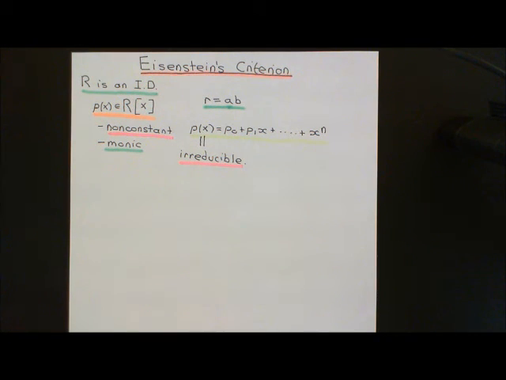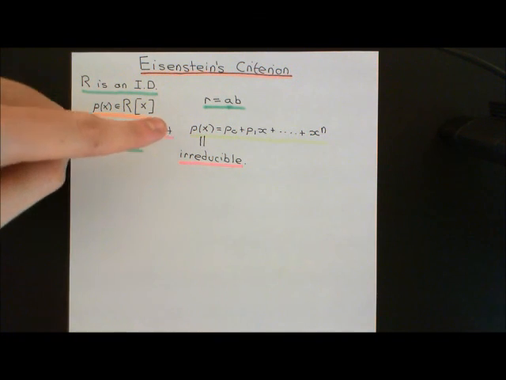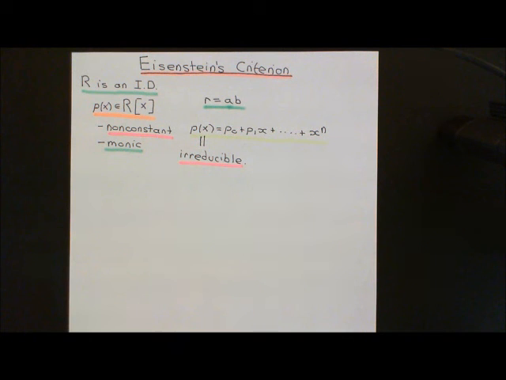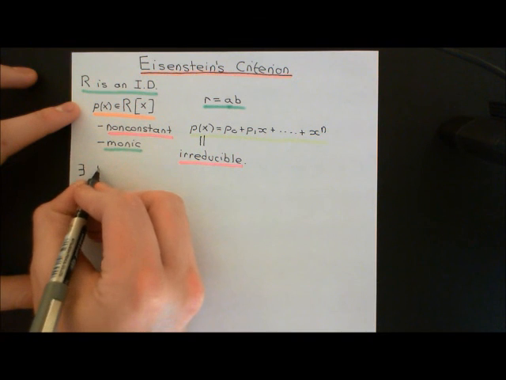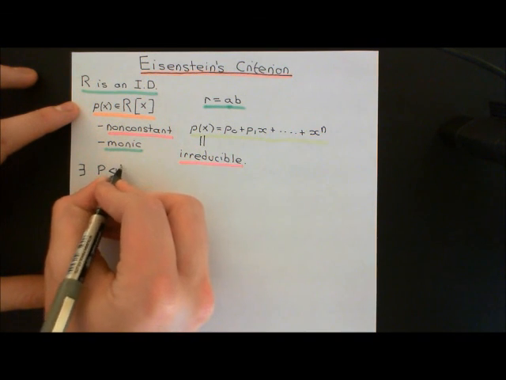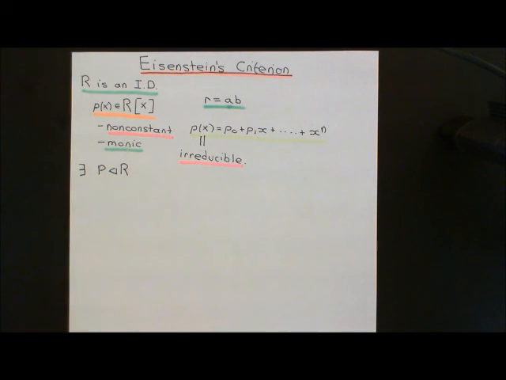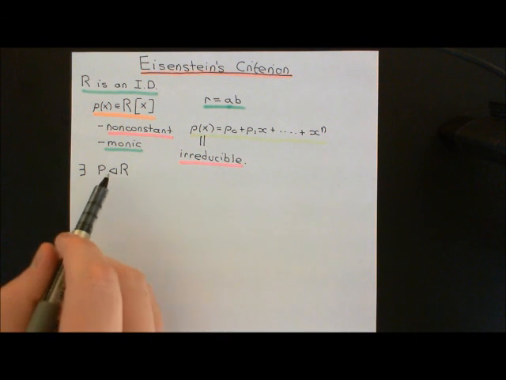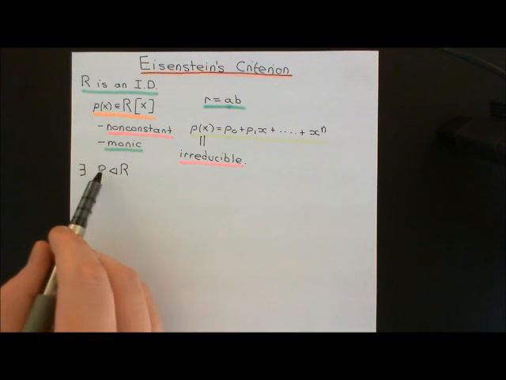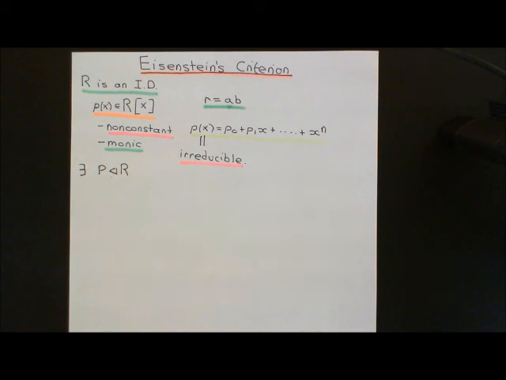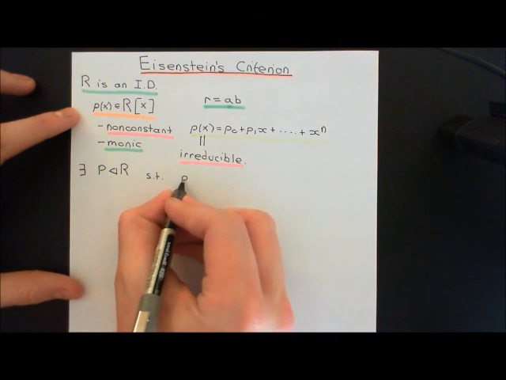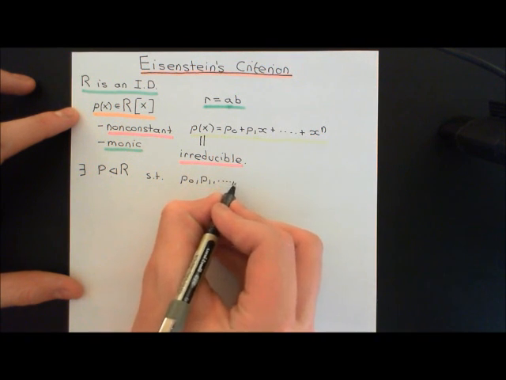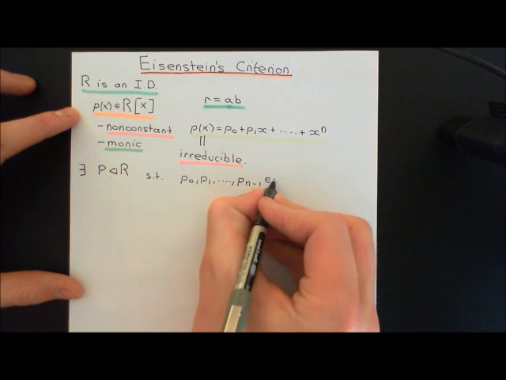So what does Eisenstein's criterion actually say? Eisenstein's criterion says that we can conclude that this polynomial p of x is irreducible in the ring of polynomials over the integral domain if it is possible, so I'll put if there exists a prime ideal P, which is a prime ideal of the coefficient ring, the integral domain capital R. So if you can find some prime ideal of the integral domain capital R, this symbol here is just the symbol for 'is an ideal of', so P is going to be a prime ideal of the integral domain capital R, such that all the coefficients p0, p1, all the way up to p_{n-1} are elements of that prime ideal.